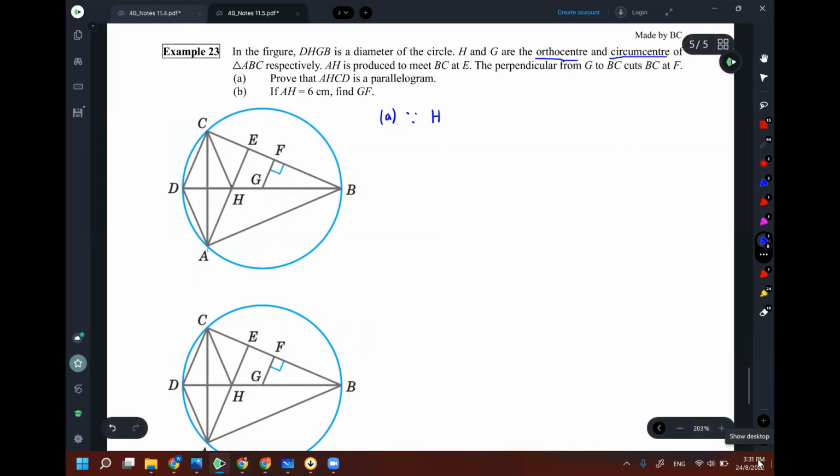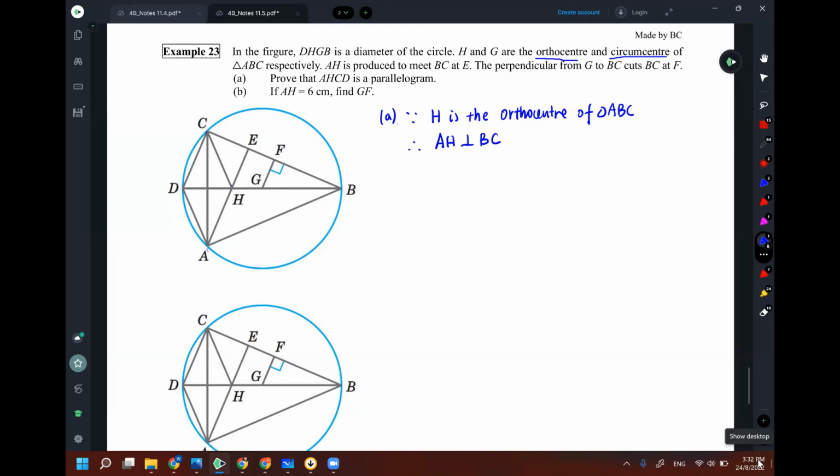Because H is the orthocenter of triangle ABC, therefore AH is perpendicular to BC. They are intersecting, but it's perpendicular. That's what it means. This is 90-degree base. AH is perpendicular to BC.